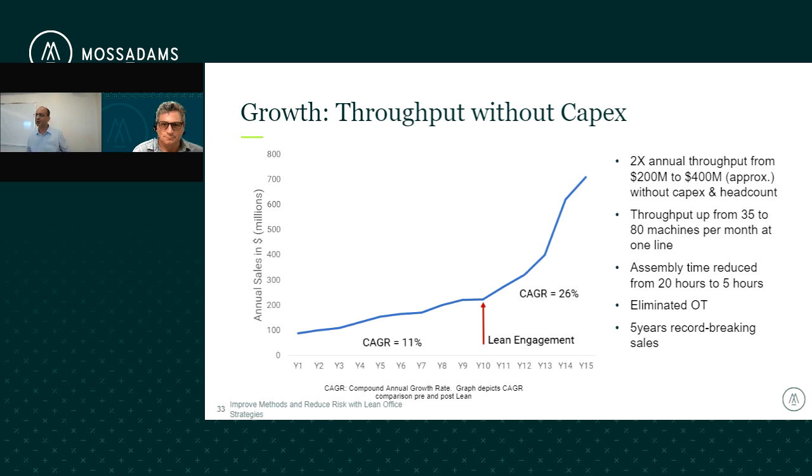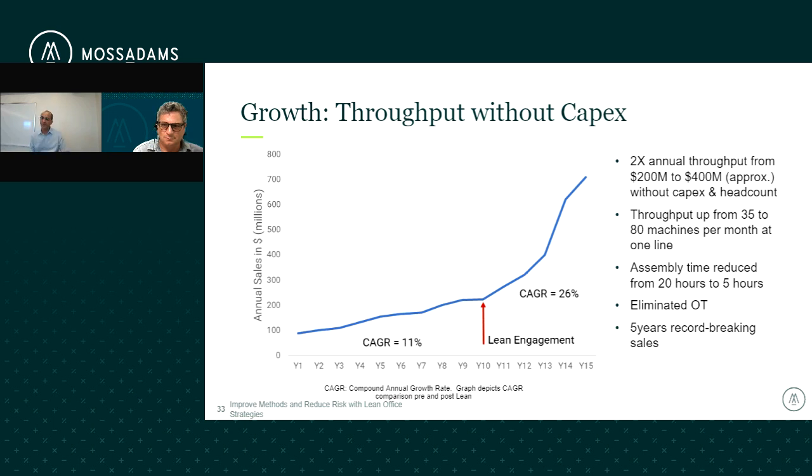Now, if you are a brand new company, maybe in the tech sector, my guess is your growth is 50%, 100%, year after year. But for a company that has existed for 10 plus years, or 20 years, 30 years, the growth from 11% to 26% is just massive.